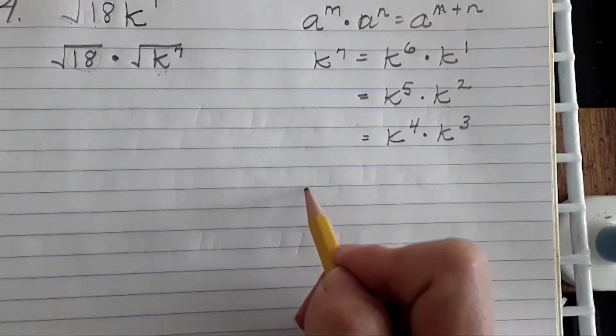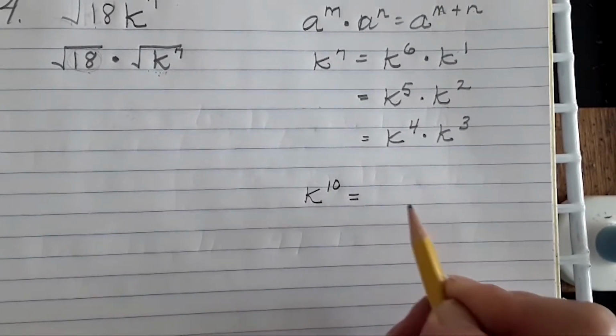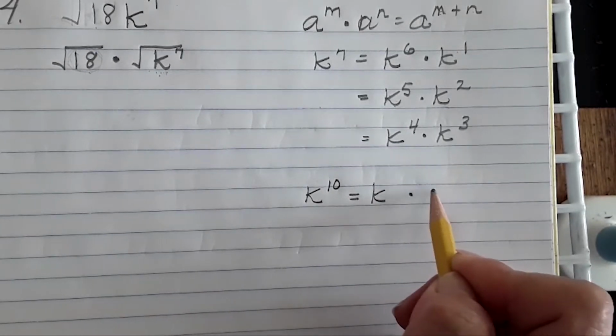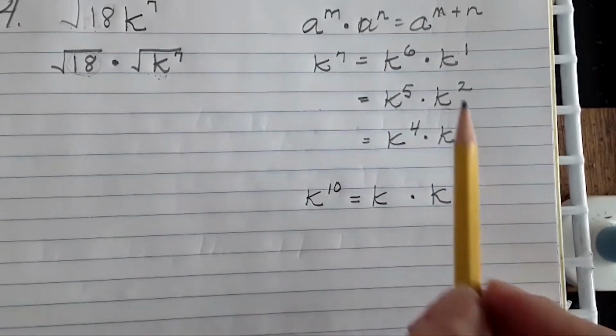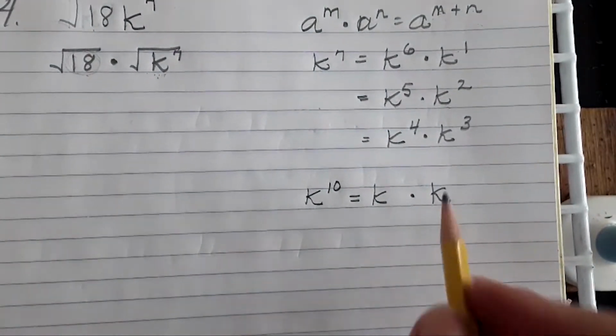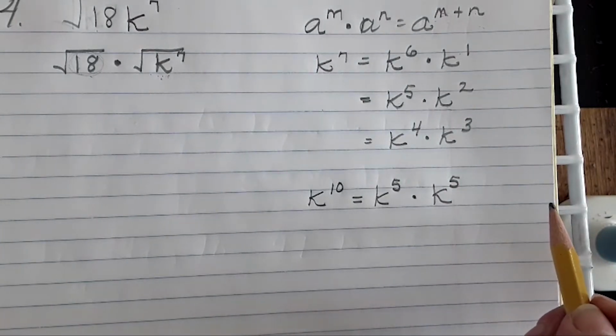If I have k to the 10th power, and I want to break it down to two values that are exactly the same, remember, the rule is you add your powers, and I need the powers to be exactly the same. I can have k to the 5th times k to the 5th.